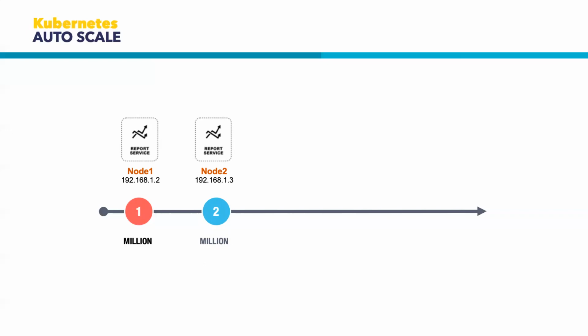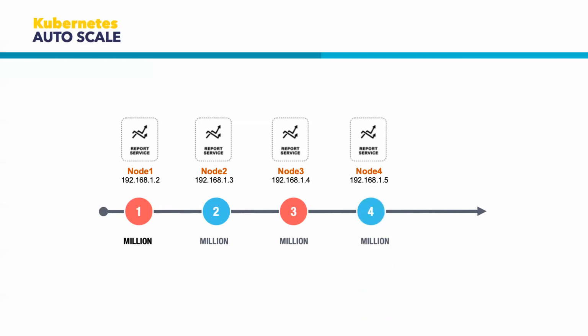Automatically, you don't have to do anything. You just define the policy of how you want the auto scale to behave. Now it goes to 3 million, so it creates node number 3. And now it has 4 million, it goes to node number 4. And finally, we have 5 million per second, it goes to node number 5.